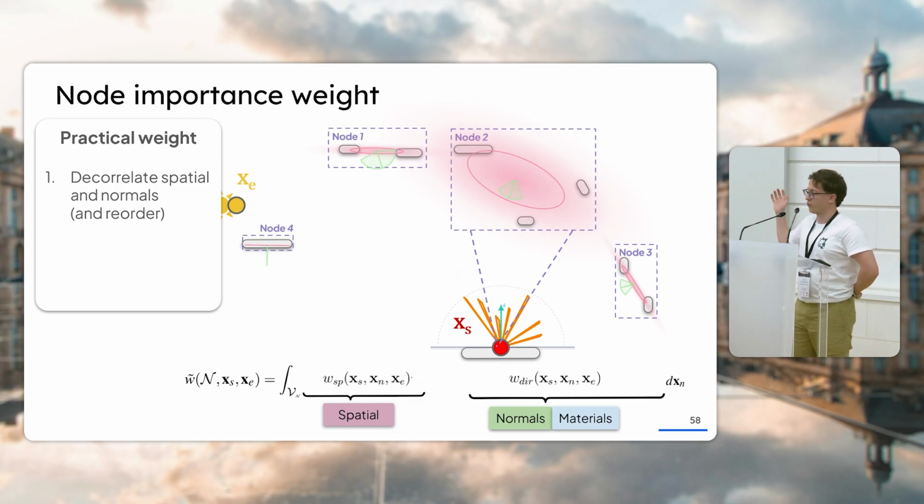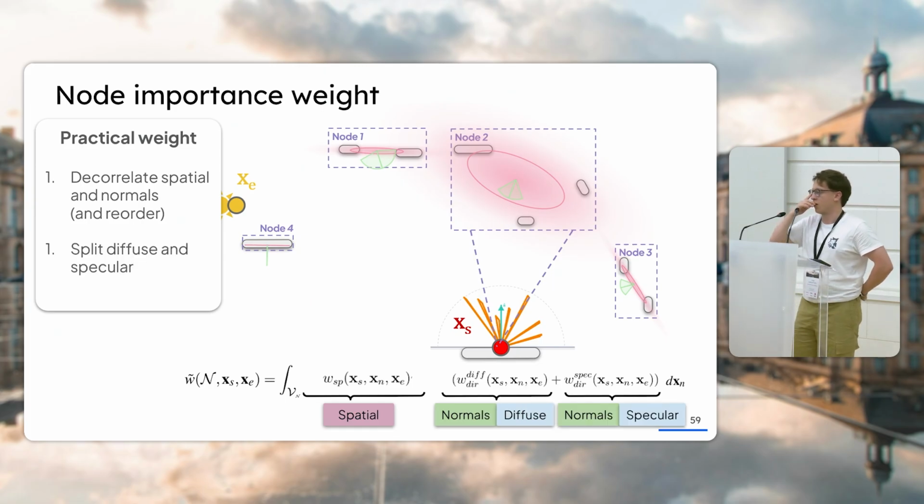Then we just group them for clarity in this derivation. And what we saw is that the reflective properties have very different behaviors. So what we choose to do is to split them into diffuse and specular components to better approximate these material distributions.